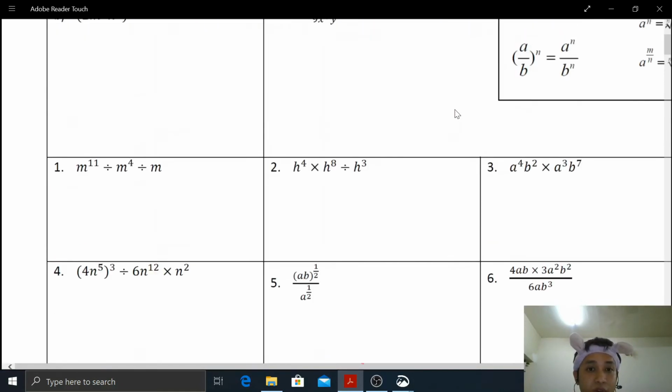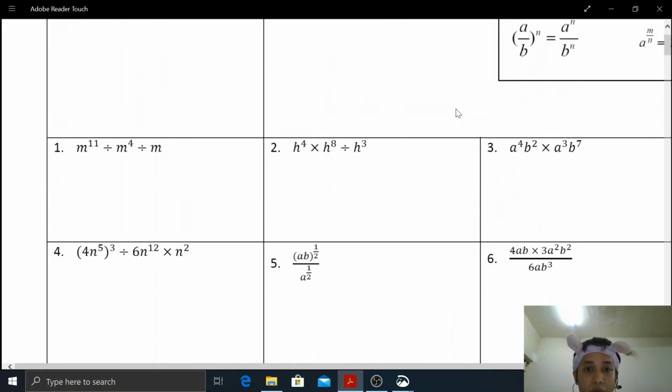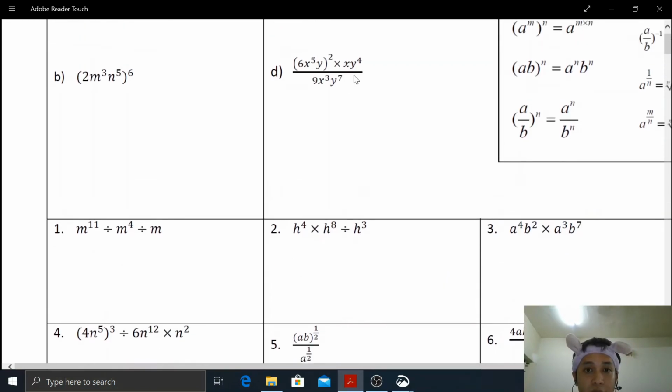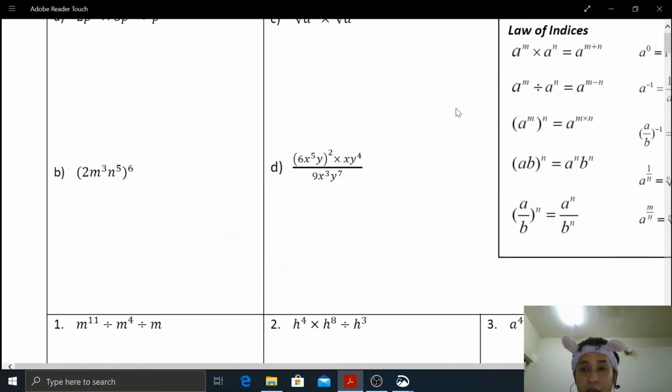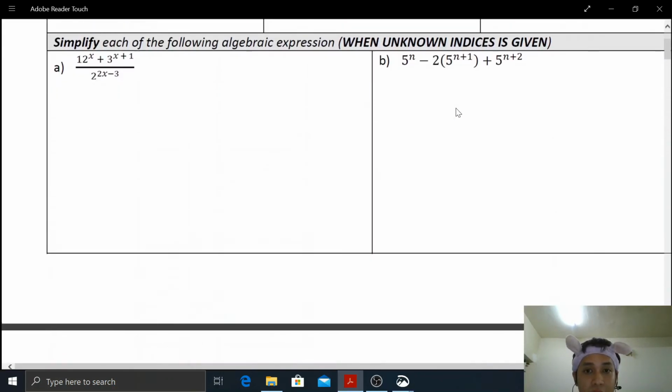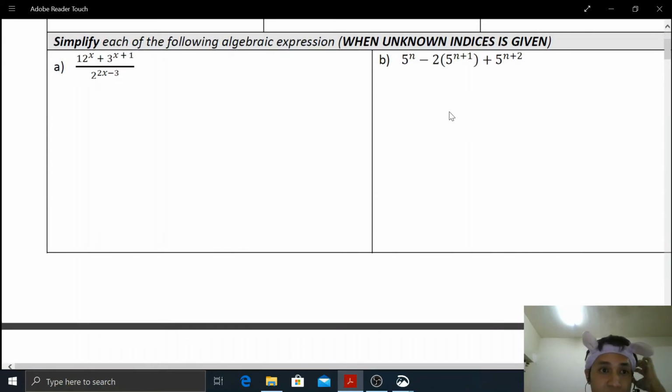For simplification you have two types. One is when you have a known index, meaning they already tell you what the power is, then you just use the law of indices to calculate. But for those that don't have, for example like this one, you don't know the power, it's an unknown number, so you need to factorize first normally.